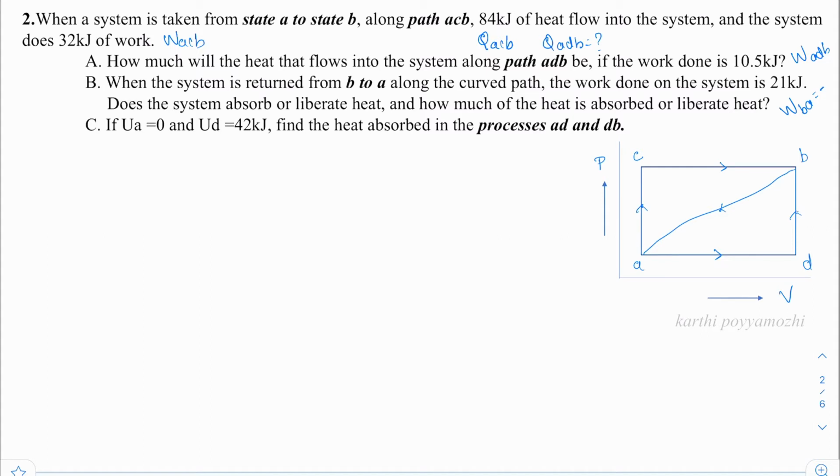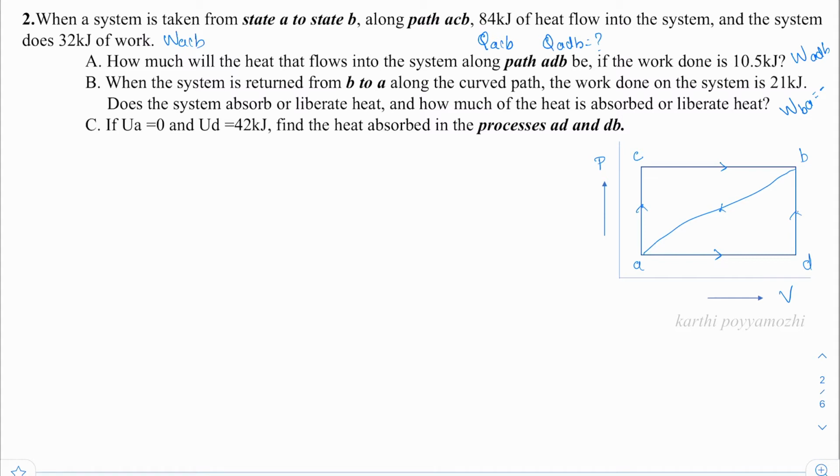We have to find, does the system absorb or liberate heat, and how much of the heat is absorbed or liberated. We have to find whether the system absorbs or liberates heat, and if it does, we have to find the amount of heat which is being absorbed or liberated by the system.